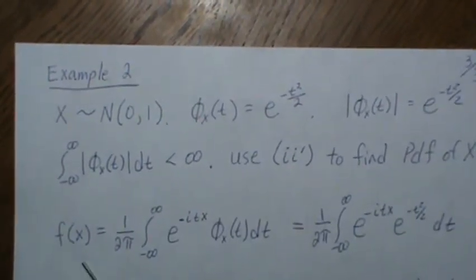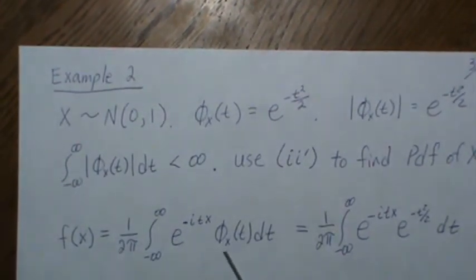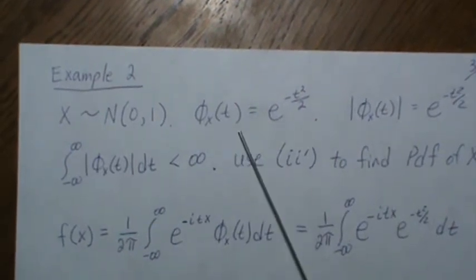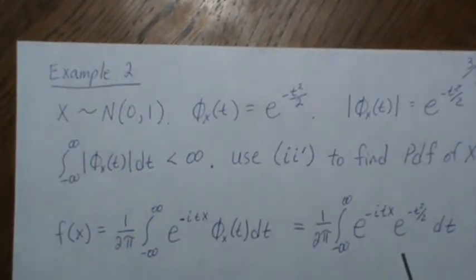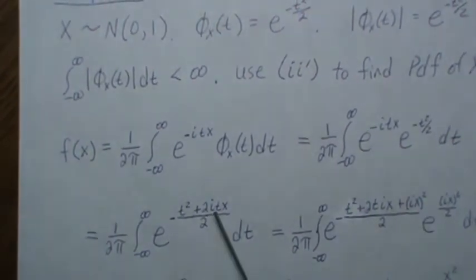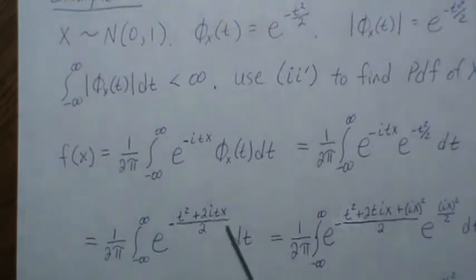So we plug in, this is the formula. We plug in our information for the characteristic function, which is this, and we combine those to this. Now we complete the square on the top part, so we have to add and subtract this amount.